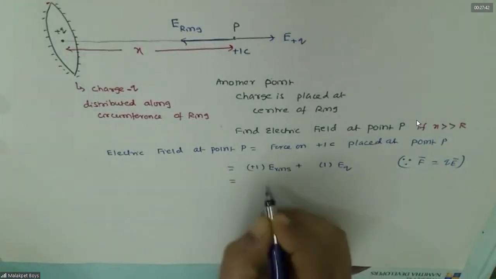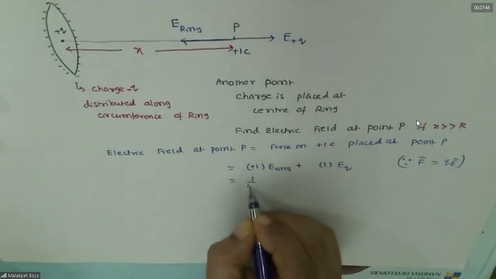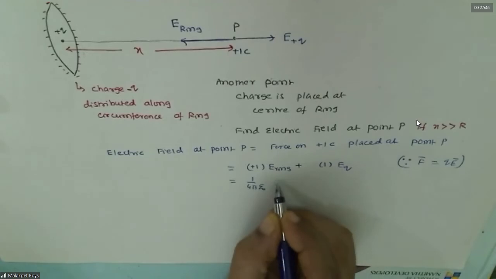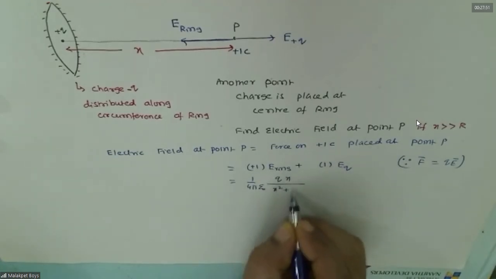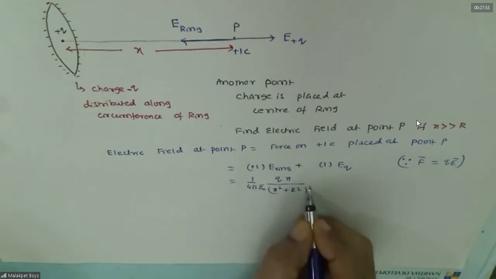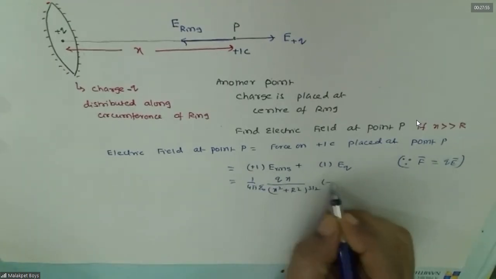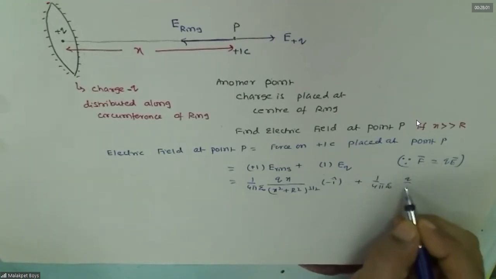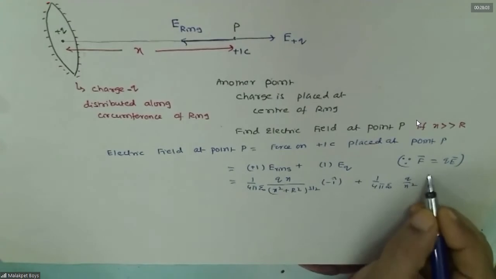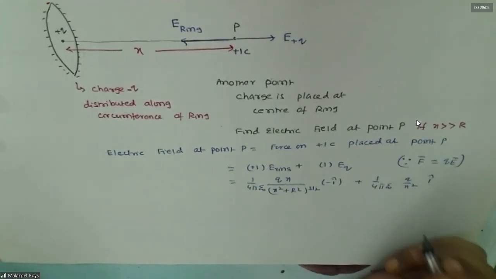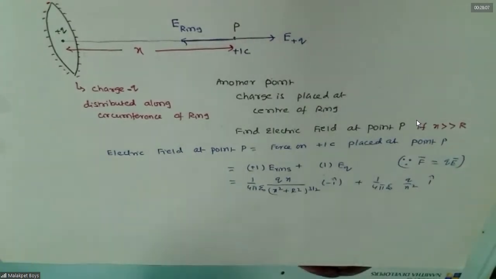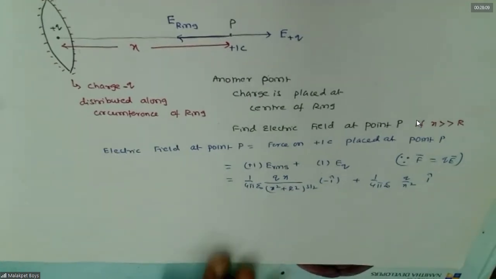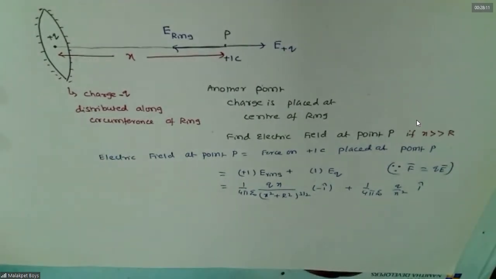So E due to the ring is how much? 1 by 4 pi epsilon naught, Qx by leftwards. This is nothing but, do you agree with this or not? Followed this? Followed, sir.